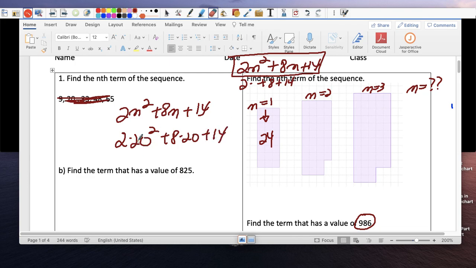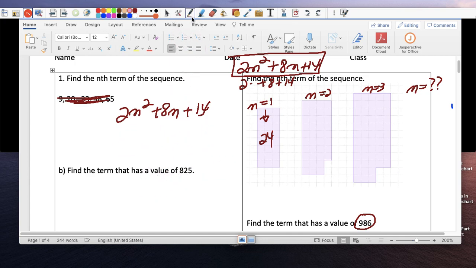So that's 400. 400 times 2 is 800. 8 times 20 is 160, plus 14. So that's going to give me 974. Unless I wrote 986 incorrectly, guys. Are you saying it can't be 21?